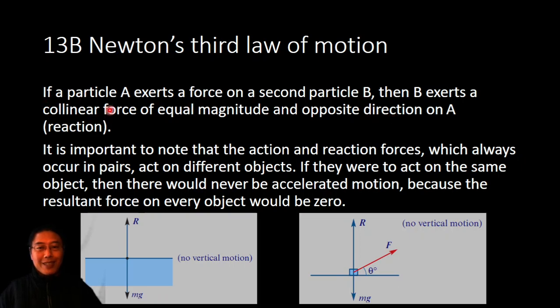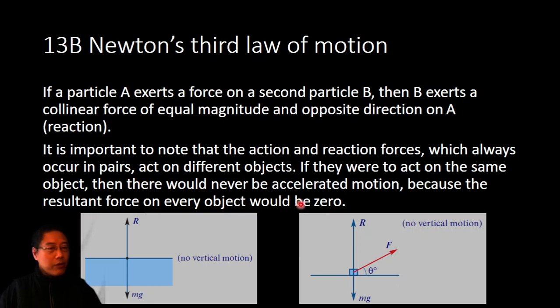So that's why it says it's collinear, but it's in the opposite direction. Collinear, it's parallel. Opposite, it's in the opposite direction. So the idea is keep them in pairs, action and reaction, but they do act on different objects.